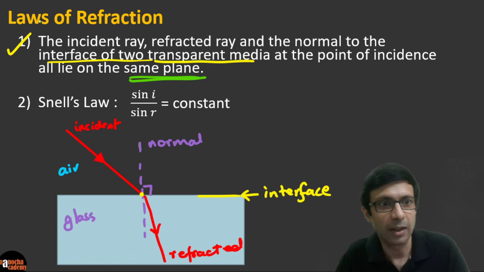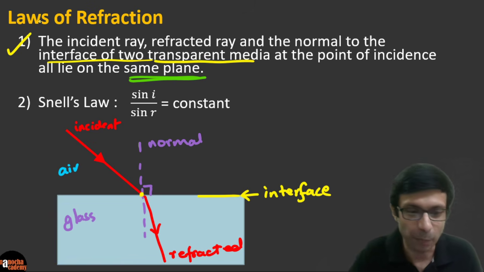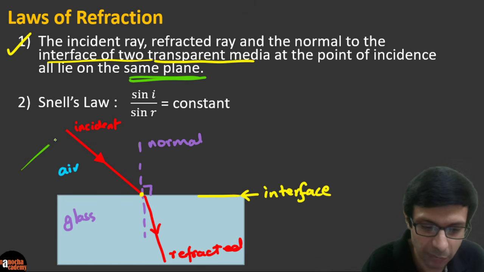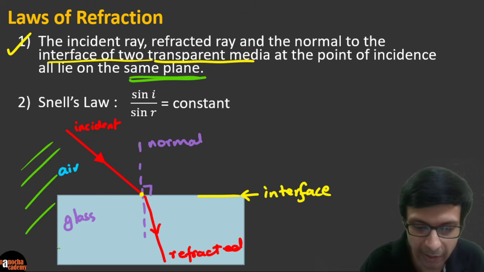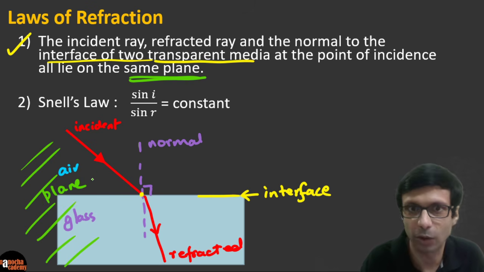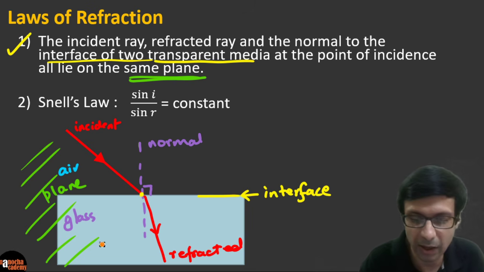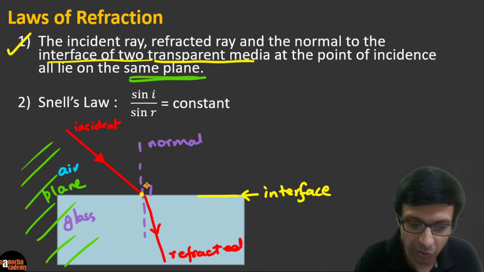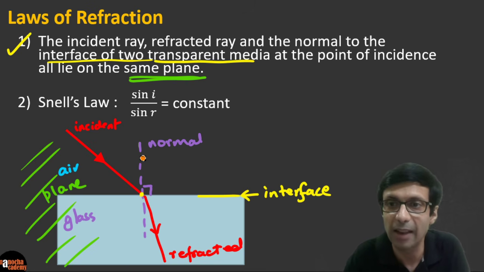Very good. Satyam Kumar says it's the board, or the screen that you're seeing here. So this entire flat surface, I'm not drawing over the diagram, but this entire thing is the plane. You can see that the incident ray, the refracted ray and the normal are lying on this plane.